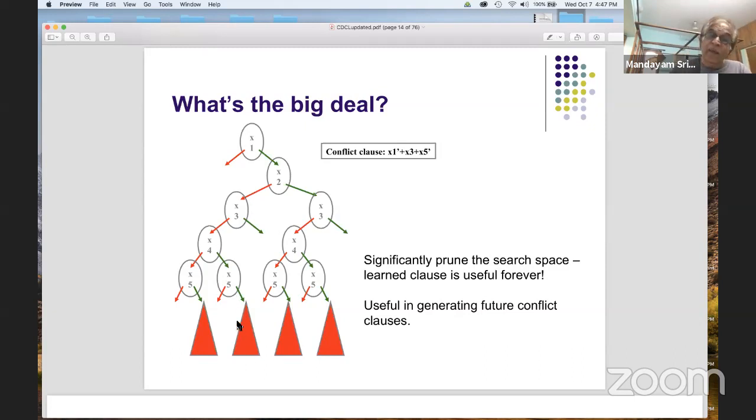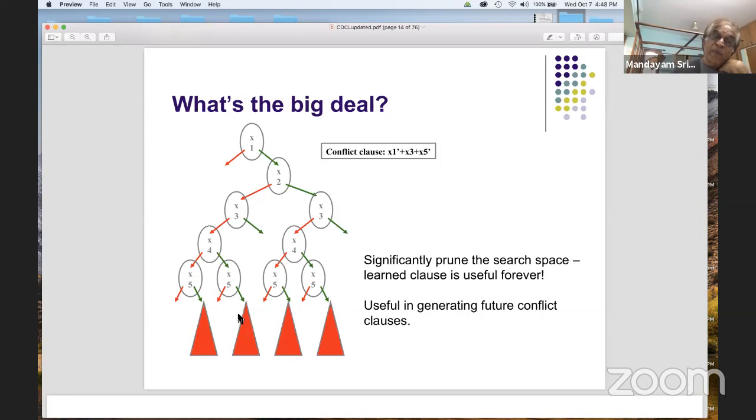Which means that you're not learning anything from the conflict. It is possible to learn some clauses which give the root cause of what caused the conflict. If you add that root cause, expressed as a clause, then you can avoid encountering those conflicts again.